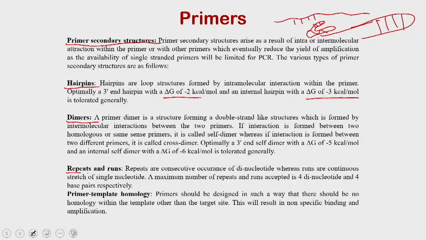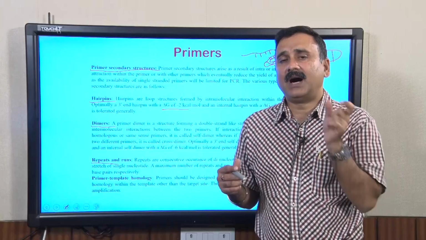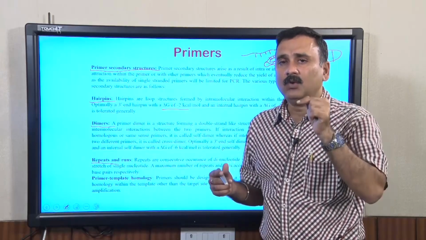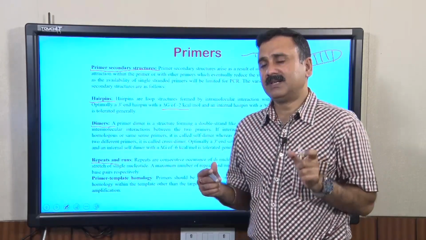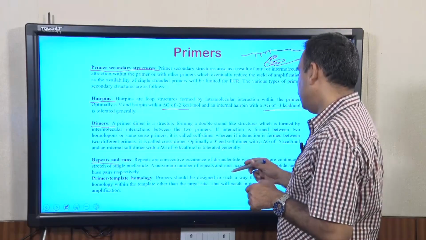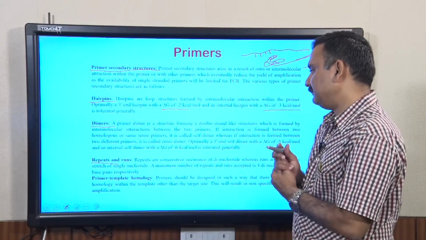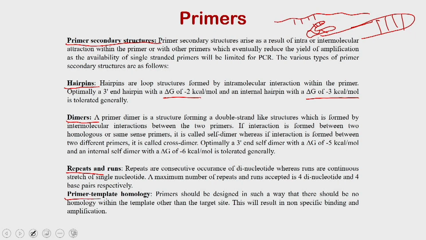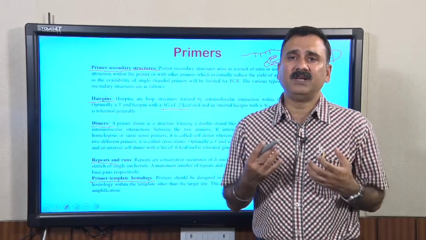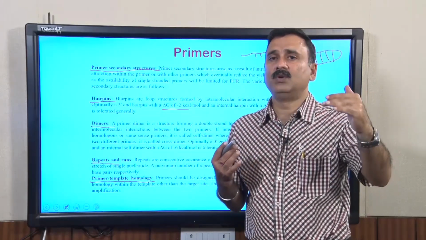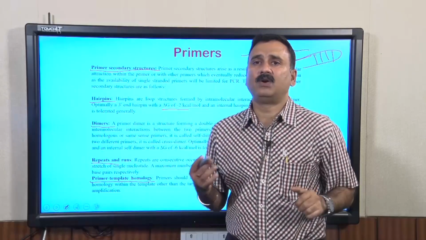Then you also have the repeats. For example, you may have the consecutive occurrence of A, G, G, C, like that. Okay. These kinds of sequences are going to create loops as well as other kinds of secondary structures, and that also is going to create trouble. The second is, once you design the primer, you should also do in silico PCR to know that your primer is only binding to the desired sequences, not to other parts of the same template.